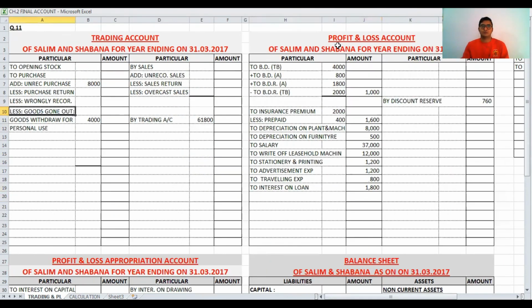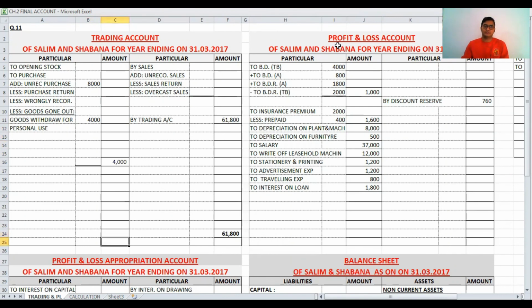First of all we have to close the trading account. Here the credit side total is 8,000 less 4,000, net amount is 4,000, and here 61,800. So now I have to close it: total of the credit side is 61,800.